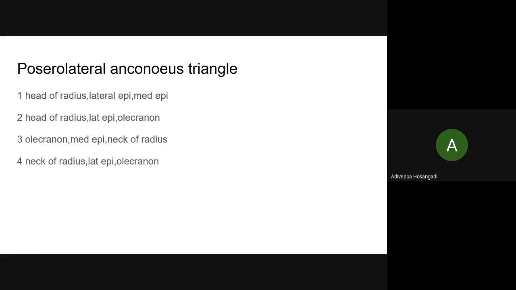So the posterolateral anconeus triangle is formed by? Sir, olecranon process and medial epicondyle and neck of the radius.